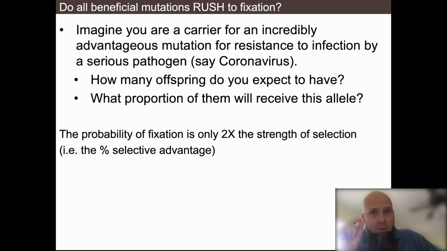So there's a significant chance that really beneficial mutations exist in populations, but the strength of selection is just insufficient for them to become fixed.